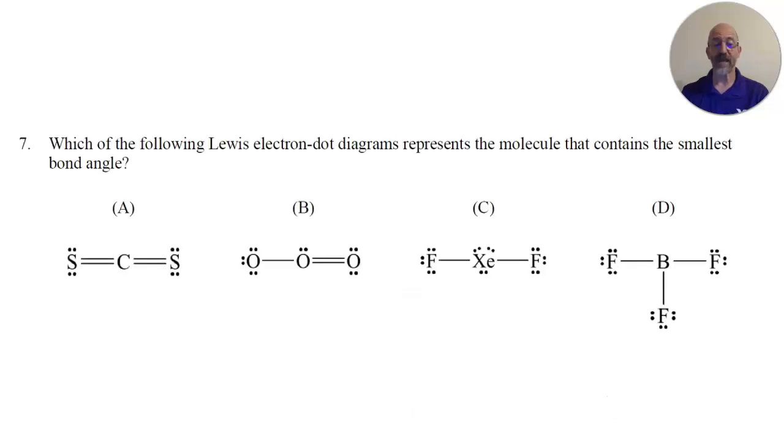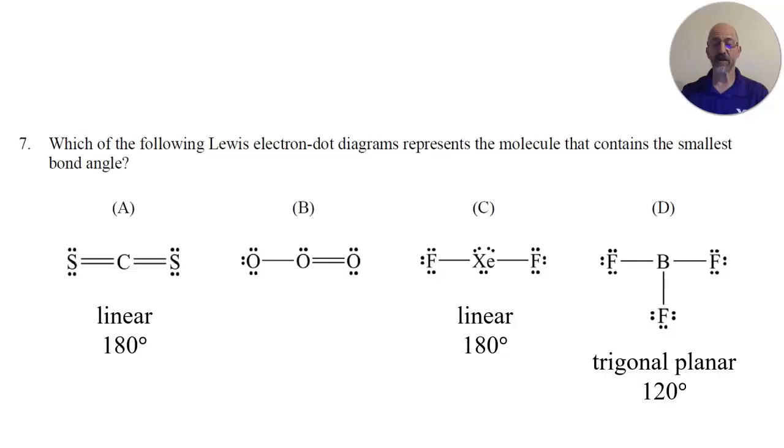We have in choice A, linear, bond angle of 180 degrees. Also, choice C, a linear molecule with a bond angle of 180 degrees. And now we have choices B and D. Choice D would be trigonal planar with a bond angle of 120 degrees.